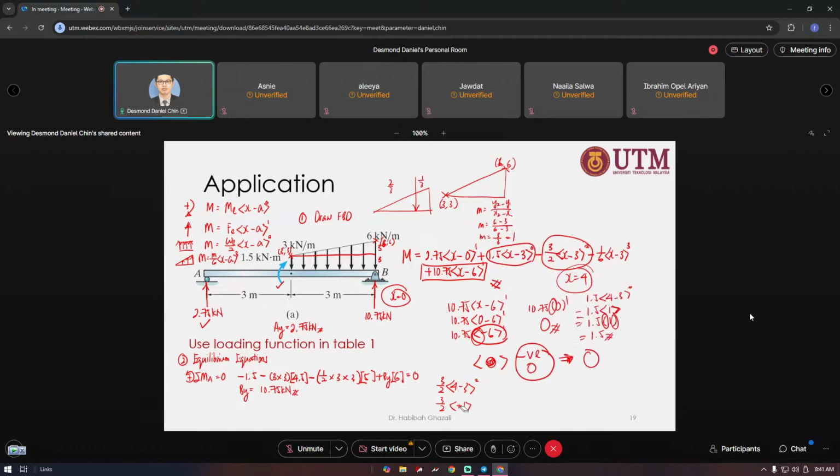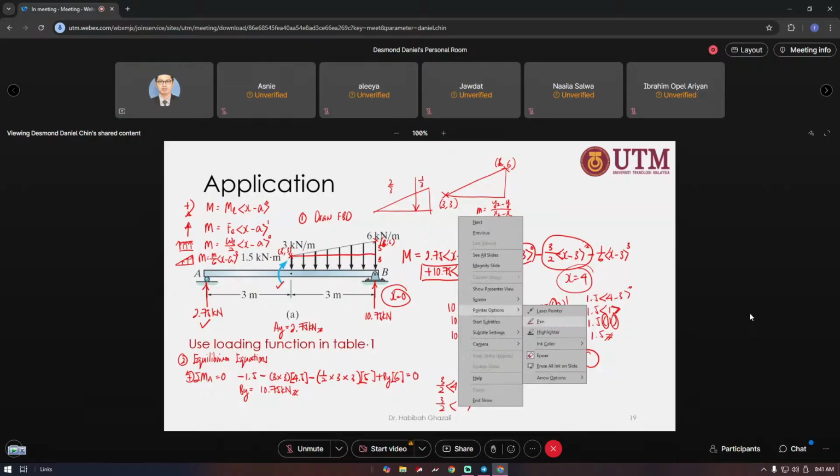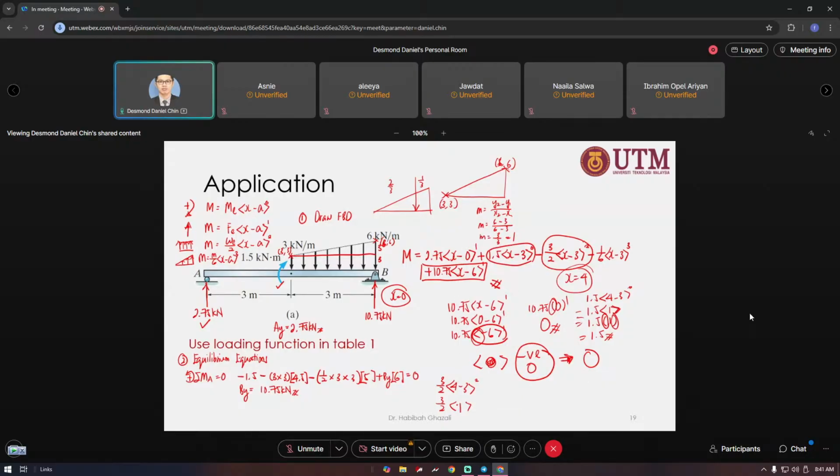Let me write it properly. So this is equal to 1. Since it is a positive value inside the Macaulay's bracket, you can do it normally. Square. So 1 squared equals 1, isn't it? So 3 over 2 times 1 will get 3 over 2 anyway. So you have to apply the power normally.